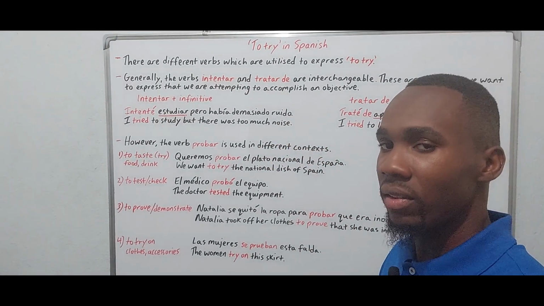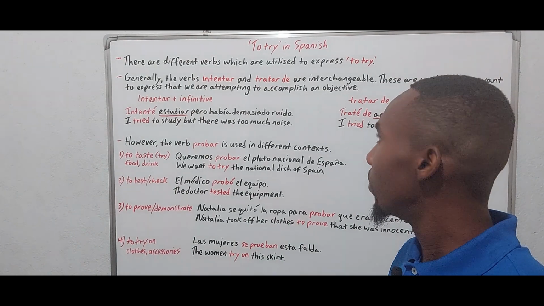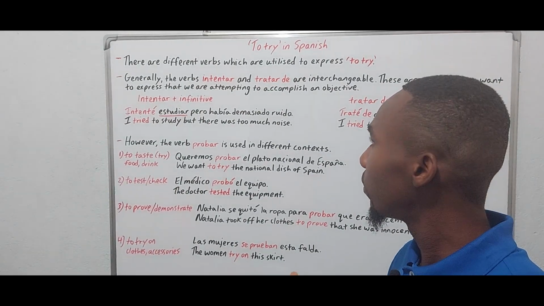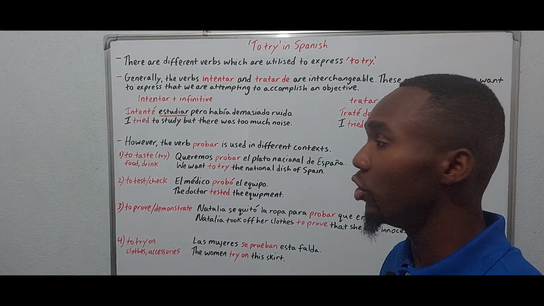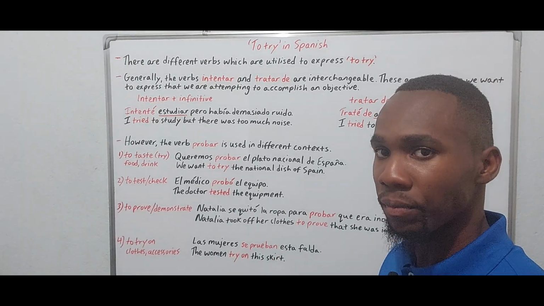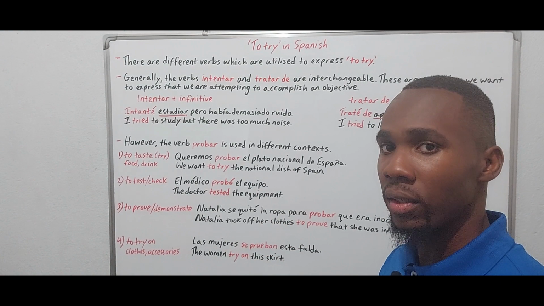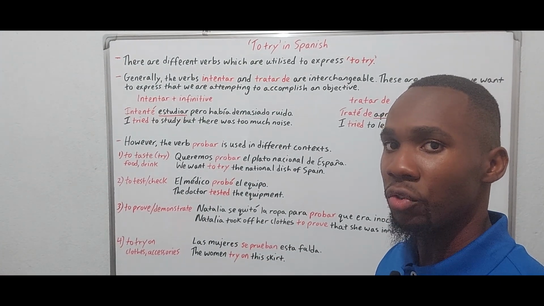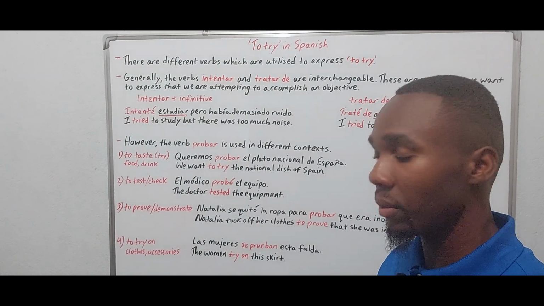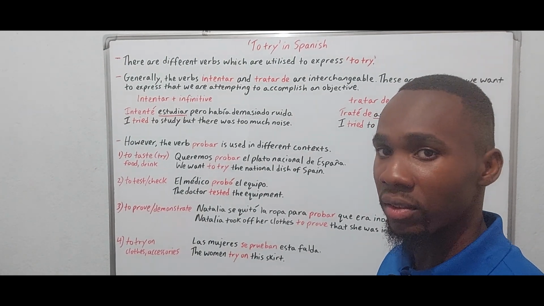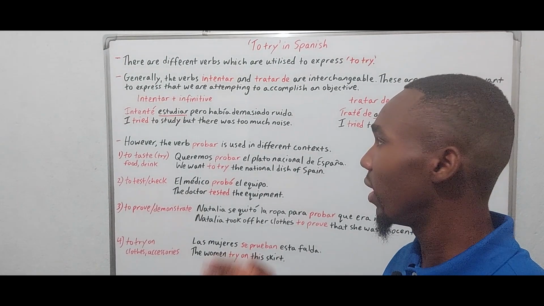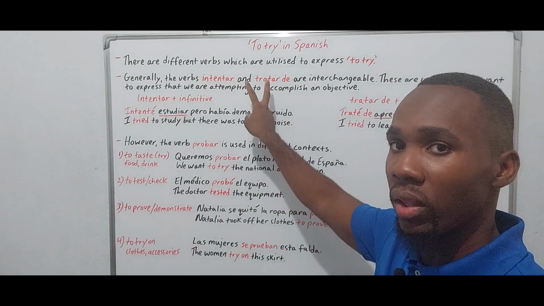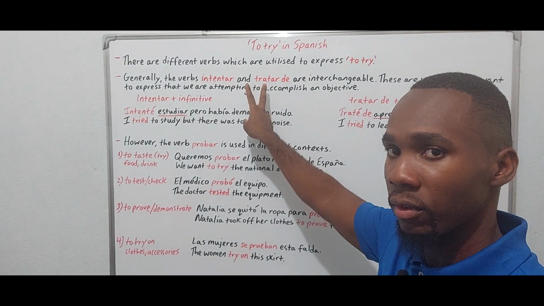Okay, so this is the most popular context in which we use to try. When we say try, we mean that we are making an effort to get something done, to accomplish something. Okay, so this is the meaning that is embedded within these 2 verbs, right?